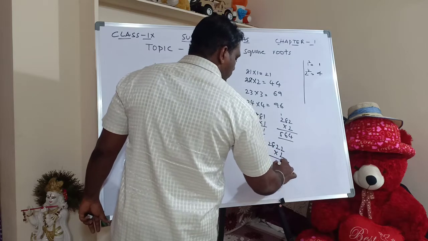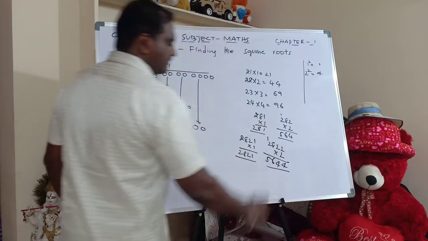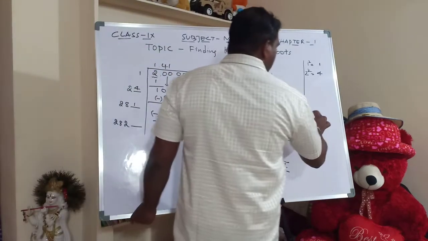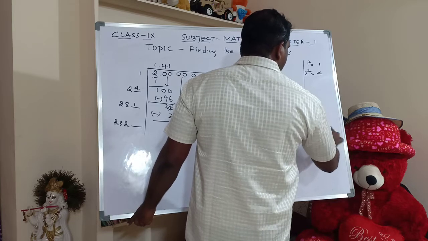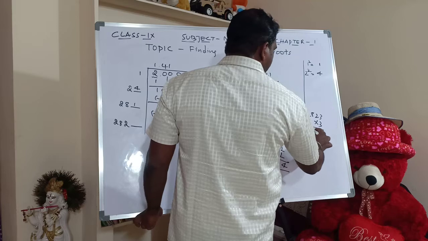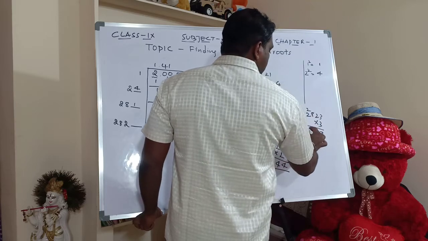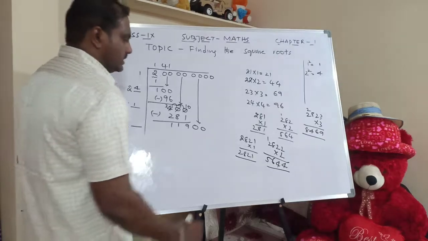So 2 2s are 4, 2 2s are 4, 2 8s are 16, 2 2s are 4, 5. Then next 2, 8, 2, 3 into 3. 3 3s are 9, 3 2s are 6, 3 8s are 24, 3 2s are 6, 7, 8. 8,469. Now I have 11,900.